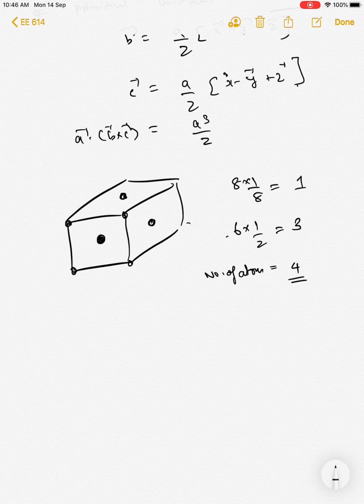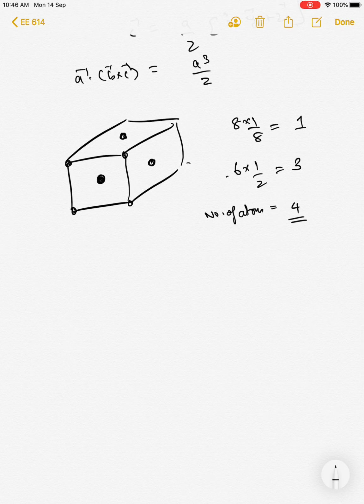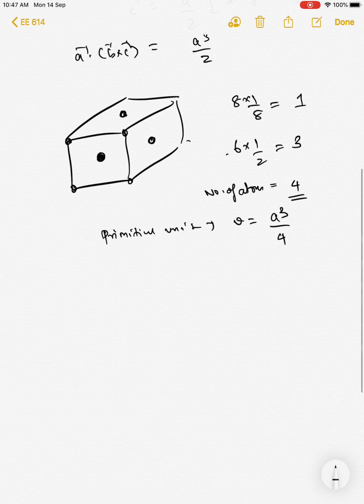However, when we calculate the primitive unit cell, you can see that it should have a volume which is a³/4, because it should have only one atom per unit cell, and the volume should be 1/4 to have one atom per unit cell. To do this, the unit vectors are chosen this way.